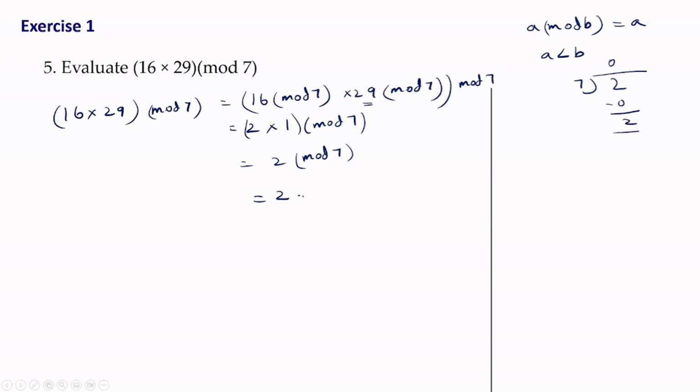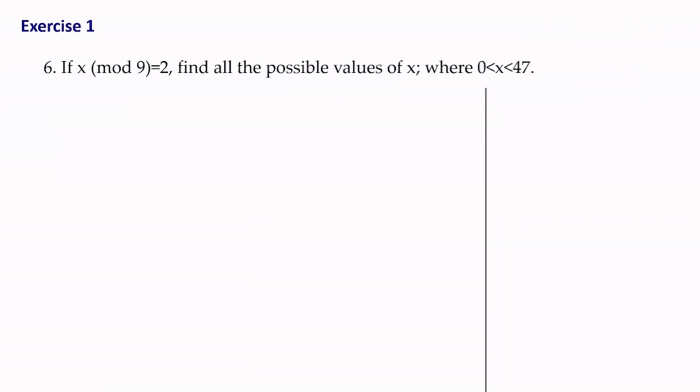Let us continue. If x mod 9 equal to 2, find all the possible values of x where 0 less than x less than 47. So here it is given when x is divided by 9, the remainder is 2. We have to find all possible values of x where x lies between 0 and 47.